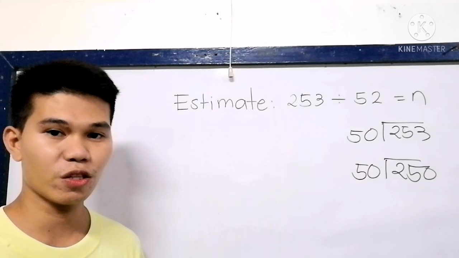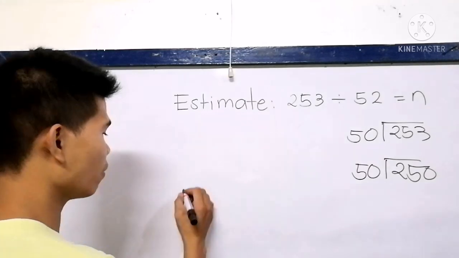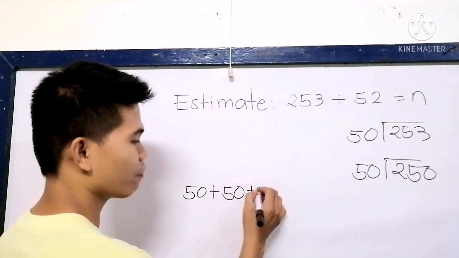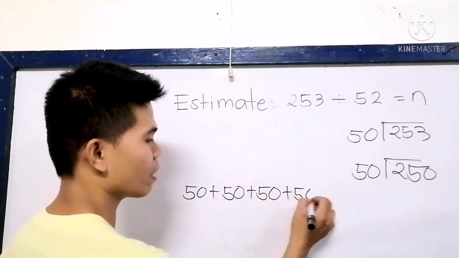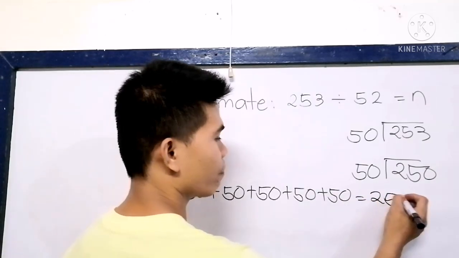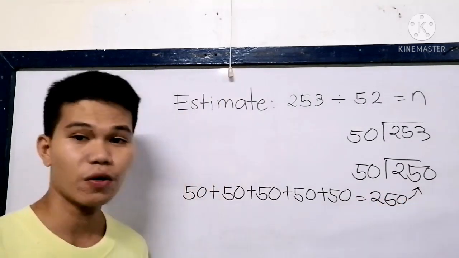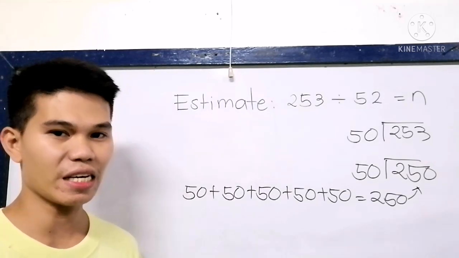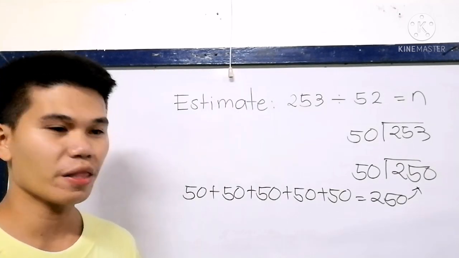So how do we get 250? Simply because of 50 plus 50 plus 50 plus 50 plus 50 is equal to 250. So that is the nearest possible multiple of 253. Now let's divide the rounded up numbers.